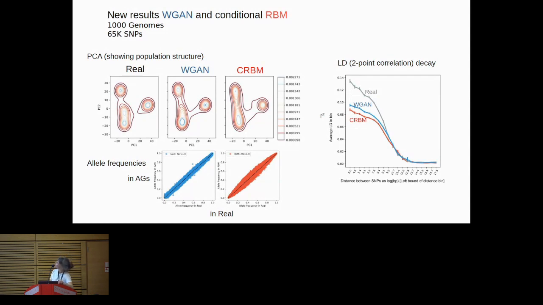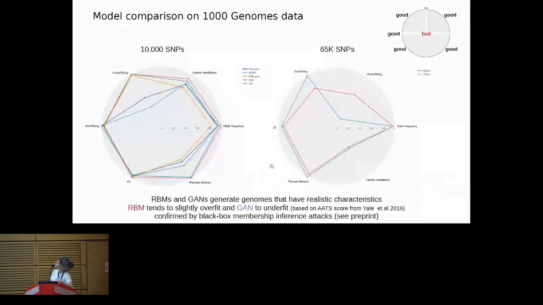Okay. And I don't have time to present you all the details, but we compared previous and new model on the 10,000 SNP because that's still doable. They were not scalable to the 65K SNP.